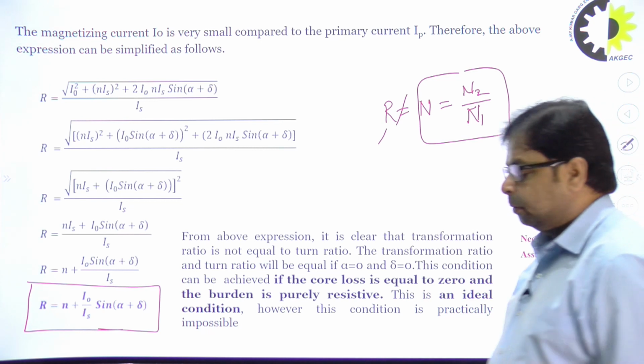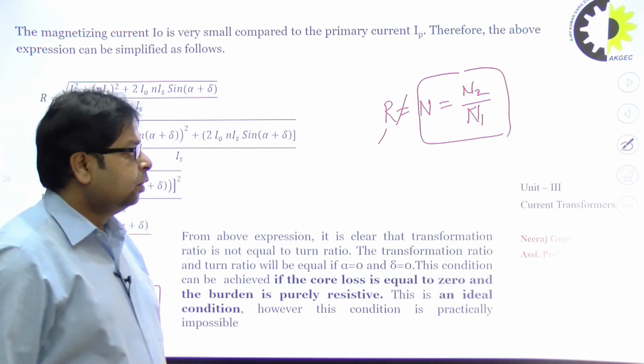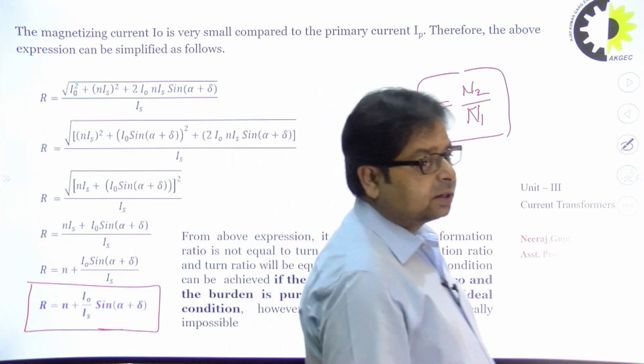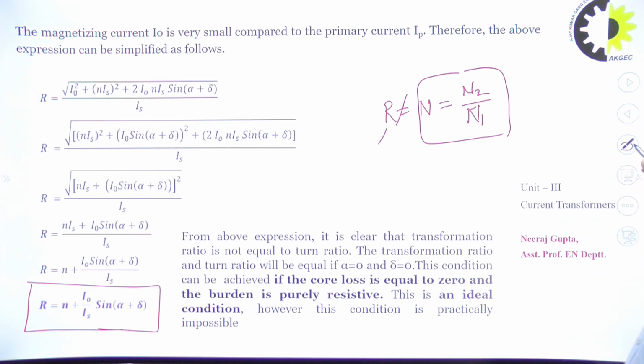So, this was the basic turn ratio N, capital N. So, this is not equal to R. R is something which is coming as N plus I naught by Is sin alpha plus delta.